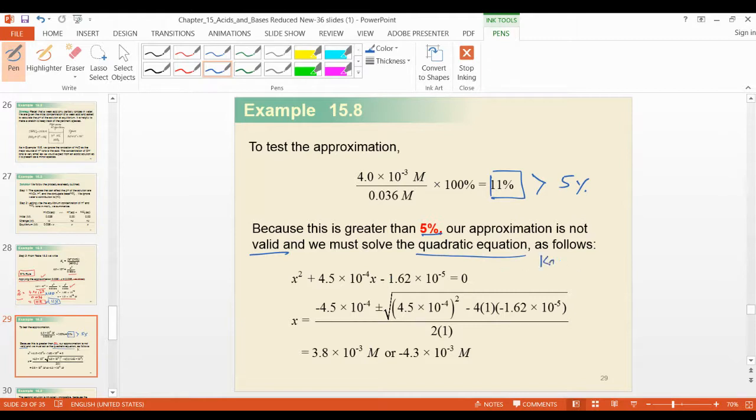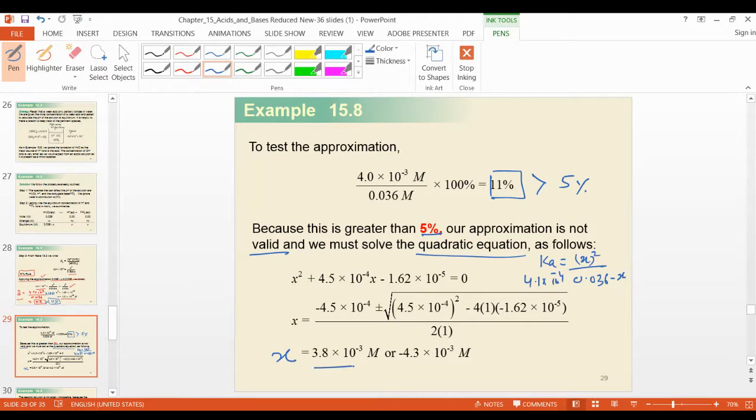So we write K equal to x squared divided by 0.036 minus x, and this value is 4.1 times 10 to the power minus 4. You will not remove x; you directly calculate. After solving the quadratic equation, you will find the x values.